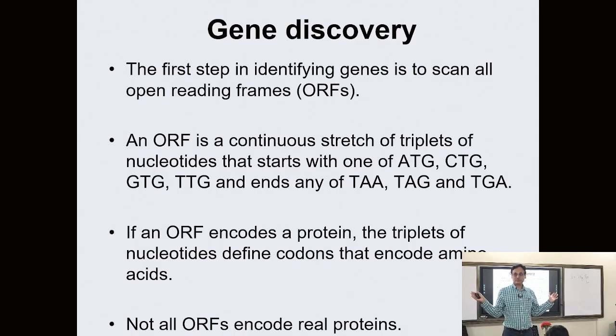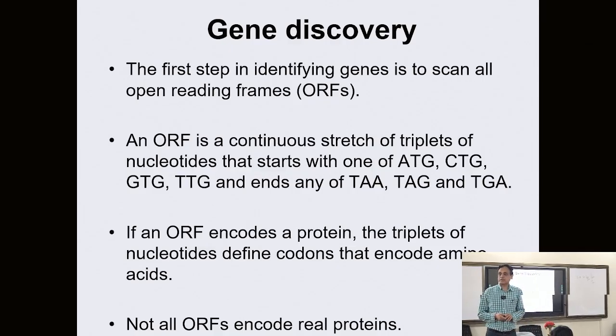Now you understand. An open reading frame starts with one of the four triplets ATG, CTG, GTG, TTG, and ends with any of these three. If an ORF codes for a protein, then that ORF is a protein coding gene. Not all open reading frames code for proteins. So the problem is to identify those open reading frames that code for proteins.